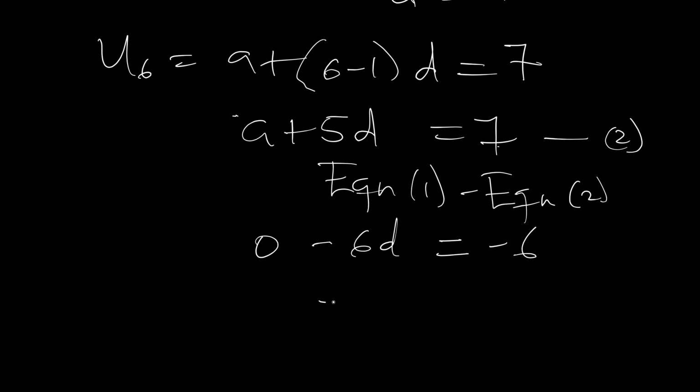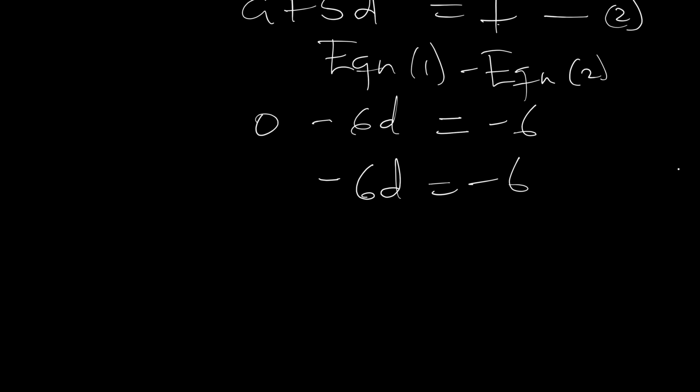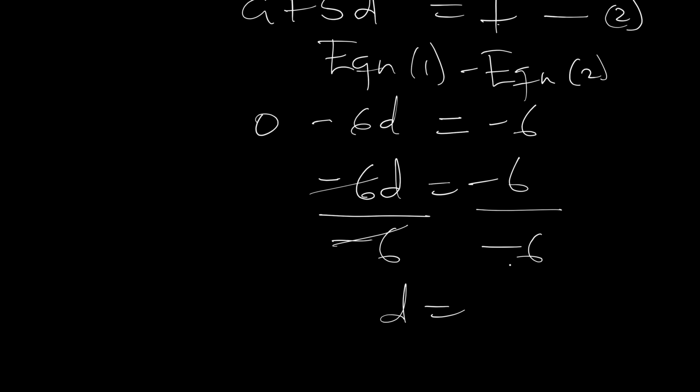So we have -6d is equal to -6. And to find d, we divide both sides by the coefficient of d, which is -6. So here divided by -6, here divided by -6. This cancels this. We have d is equal to 1.